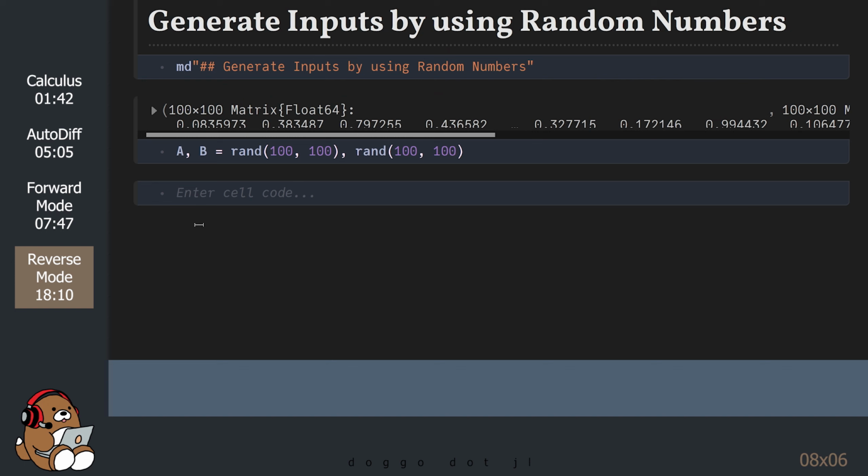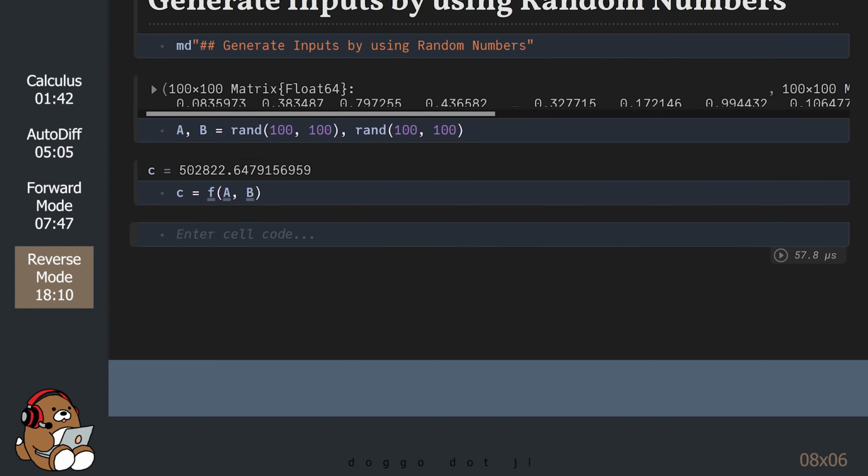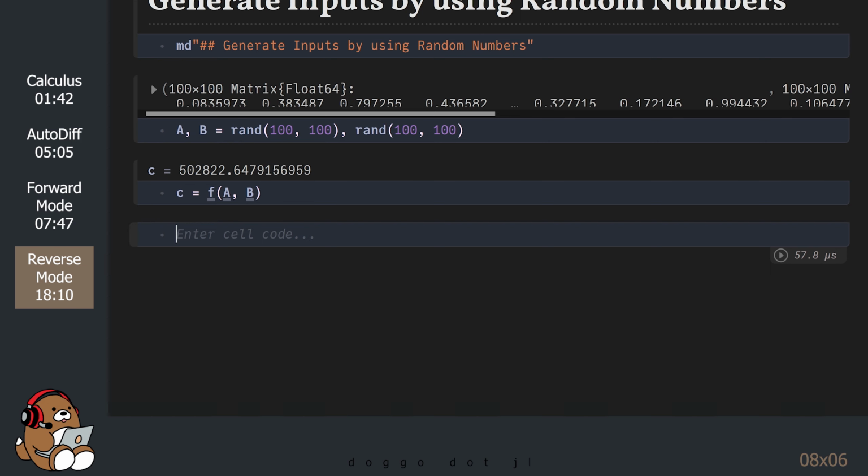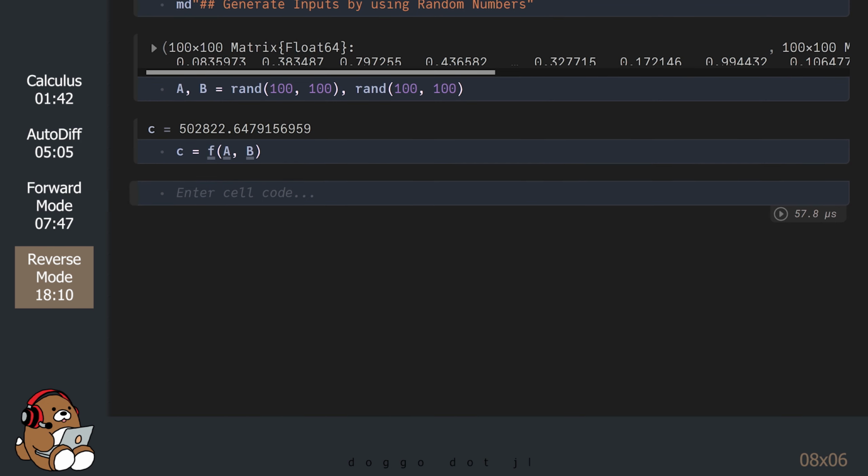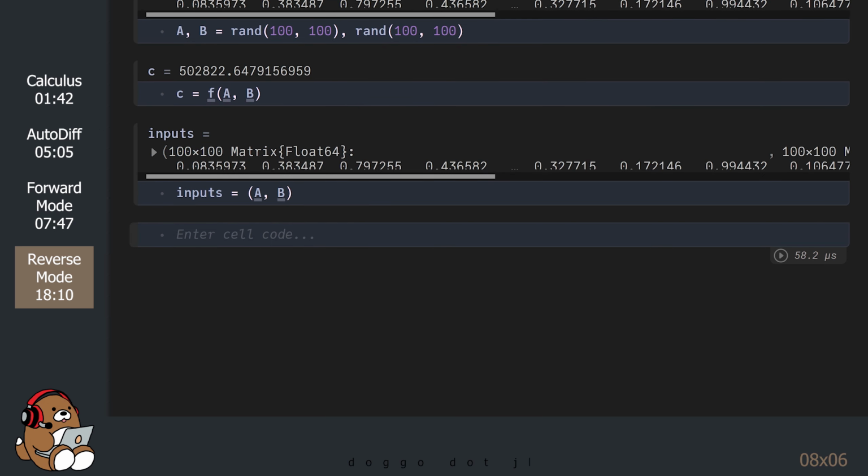Even though there are a lot of inputs, the output of the function f of a comma b is a single number. The reversediff.jl package requires the inputs to be a tuple of abstract arrays.